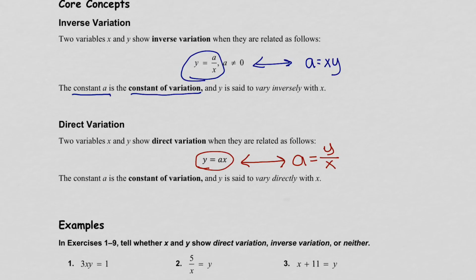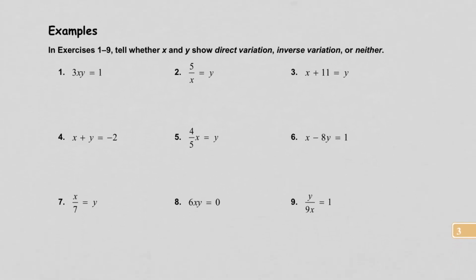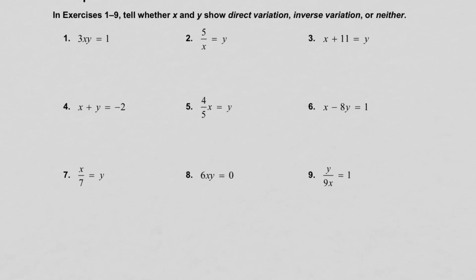Down below, we want to tell whether x and y show direct variation, inverse variation, or neither. I am going to start with neither and find a few of these very quickly.